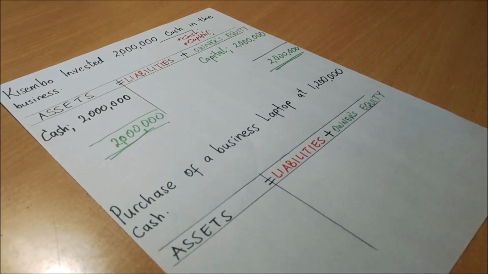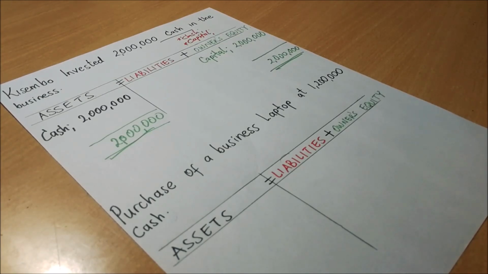The next transaction says purchase of a business laptop at 1,200,000 cash. So when you look at this transaction, what has happened is that there has been a purchase of a business laptop. What two accounts have been affected in this transaction?